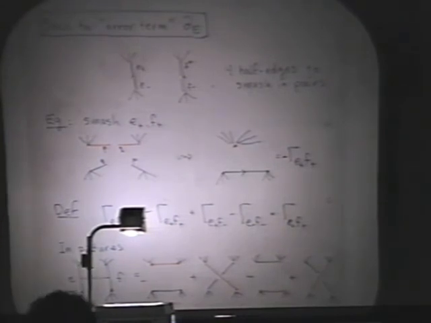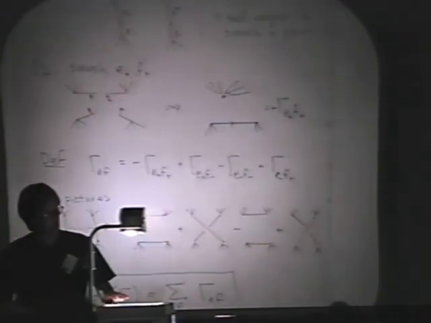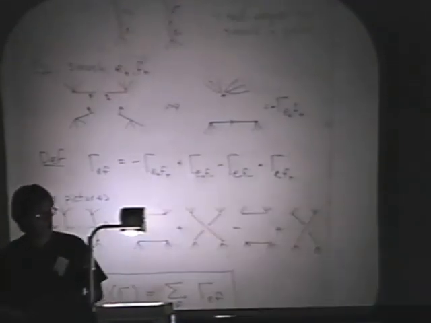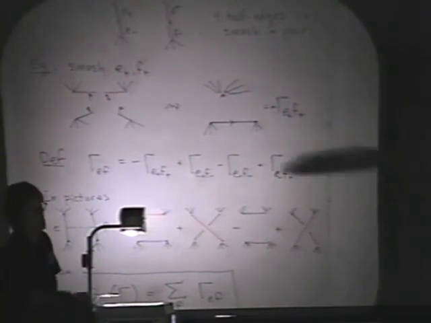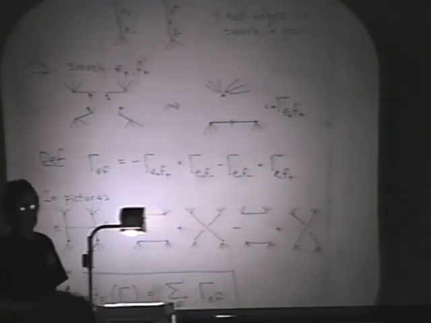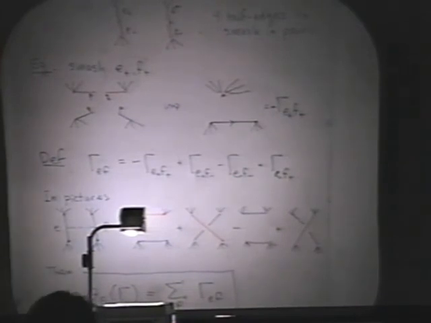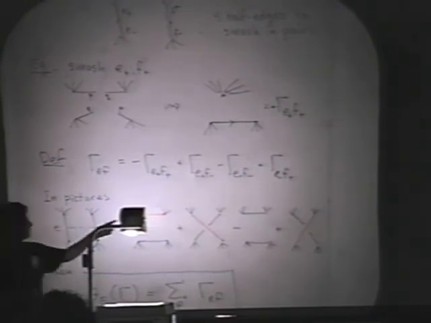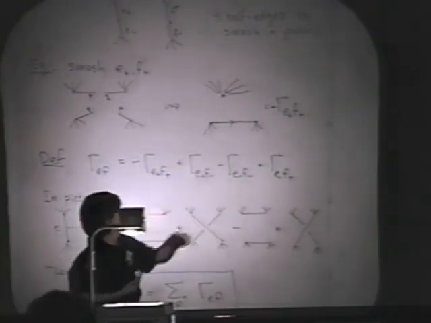I've got 4 half edges to play with. So I'm going to define gamma sub EF to be the sum of the terms I get by doing all the possible smashes. Or in pictures, I'm going to denote this gamma sub EF by a dotted green line between E and F. It means the sum of the 4 graphs you get by doing these 4 smashes.